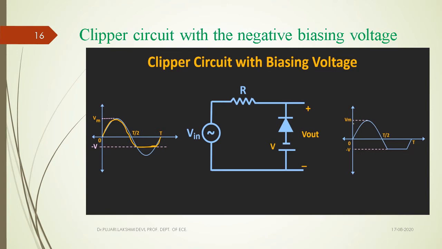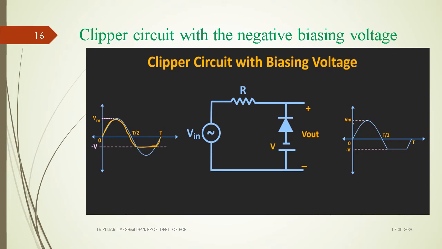If the diode is in open circuit, the output voltage follows the input, that is, the output waveform is the same as the input waveform. Because here it's a negative supply we have connected to its anode, whenever the input voltage crosses this negative voltage source, the cathode of this diode becomes lesser potential compared to the anode of the diode.